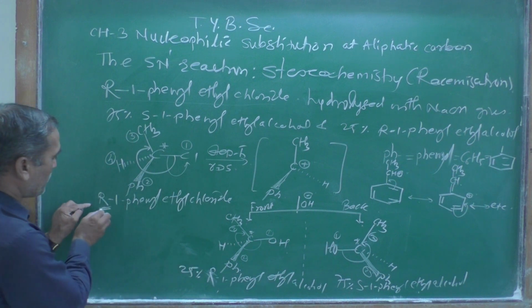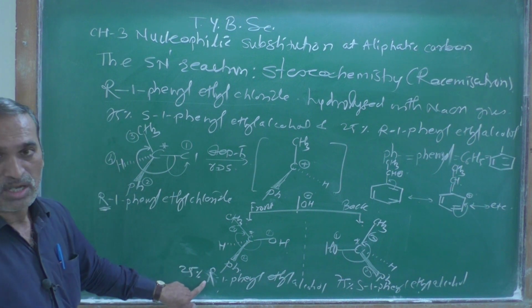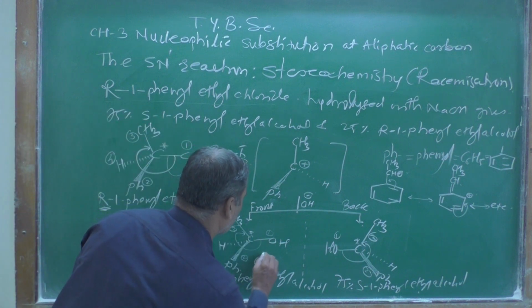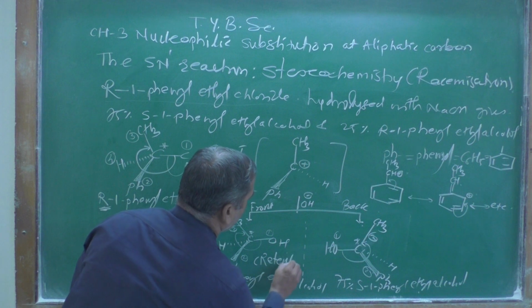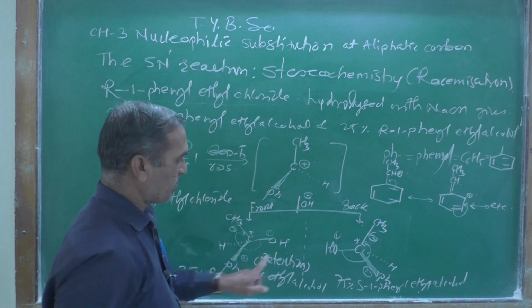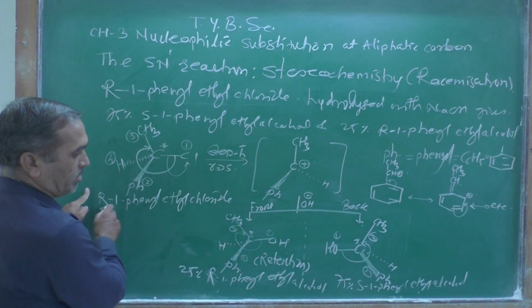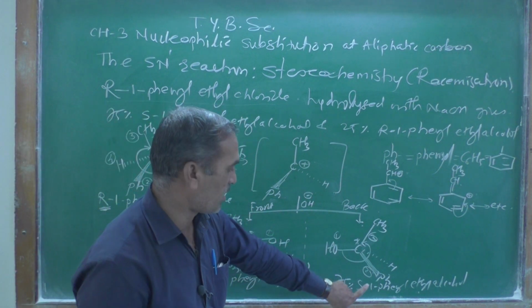The starting compound is R, and here the product also has R. Therefore this type of thing is called retention of configuration. And this one, look at, the starting compound is R, the final product is S.